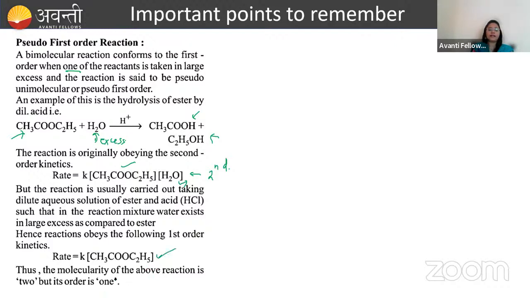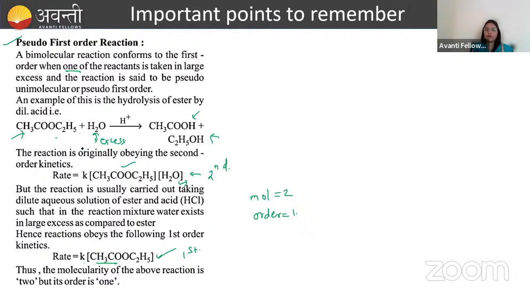It is looking like k and only one reactant molecule is there. So this will be first order reaction. So when the reaction in which molecularity is 2, since 2 molecules are present here, but order is 1, then such a reaction is known as pseudo first order reaction.